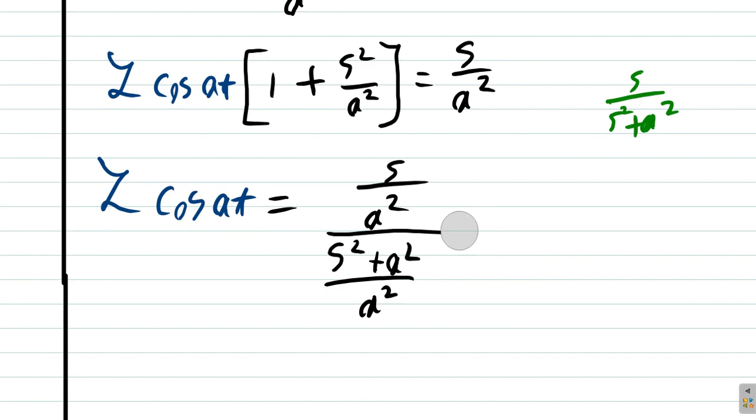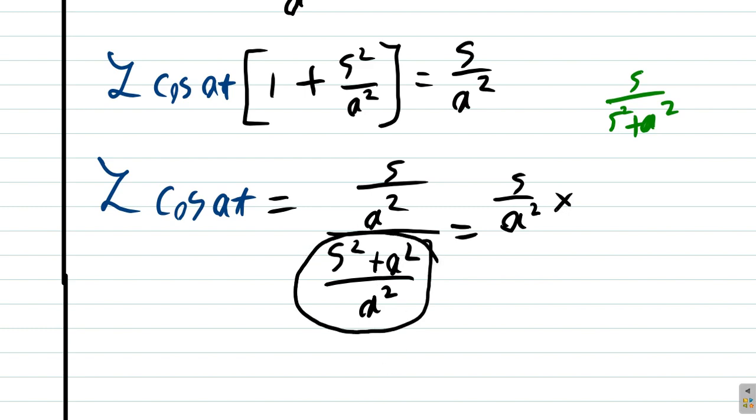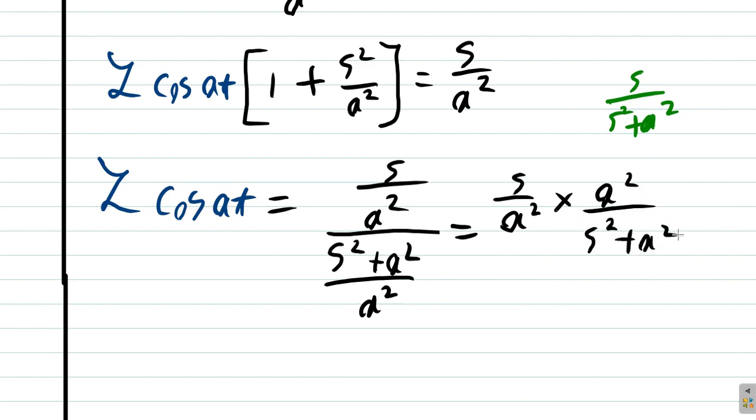Now let's do some fractions. This is the same thing as s over a squared multiplied by the reciprocal of this fraction here, a squared over s squared plus a squared.